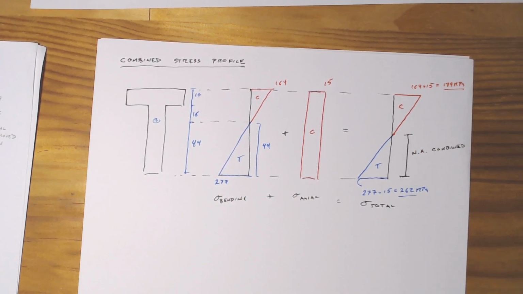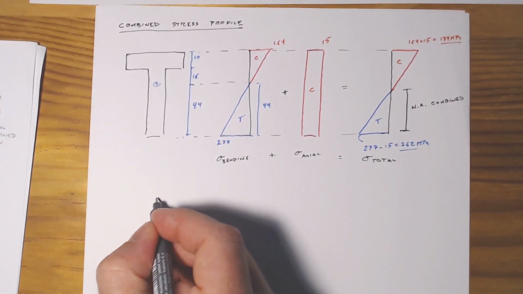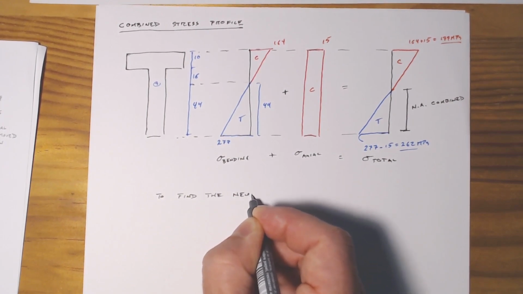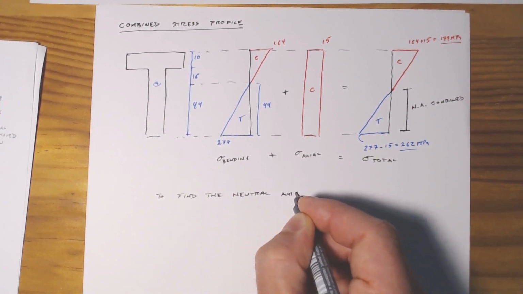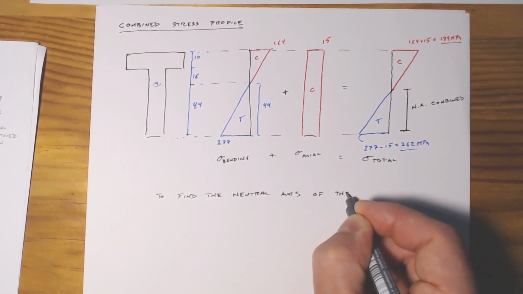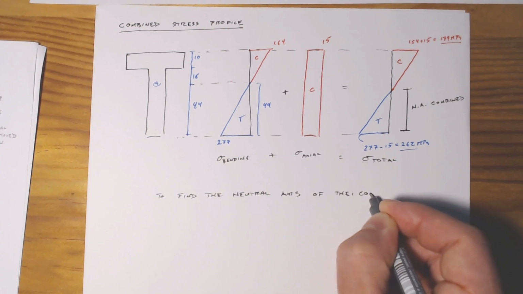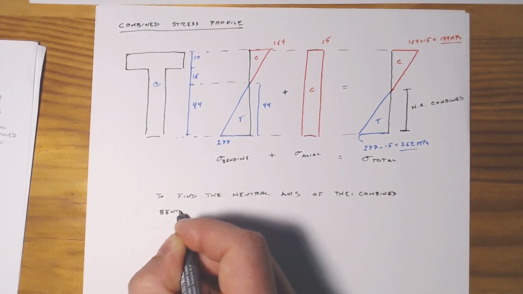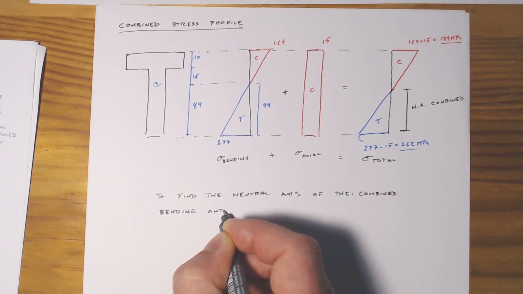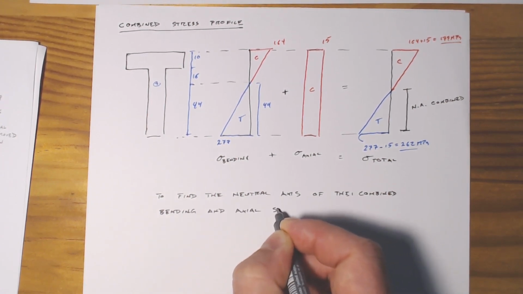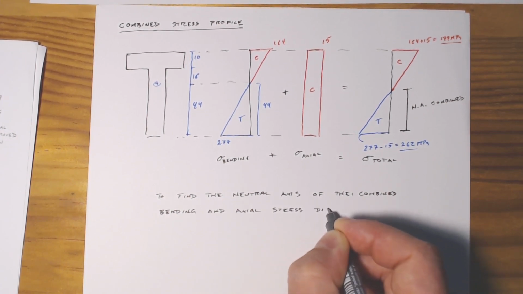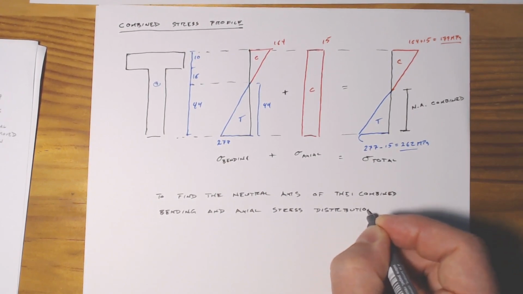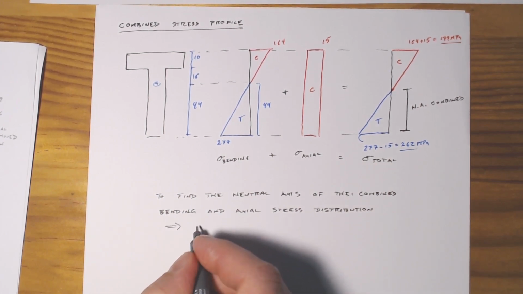So to work that out, all we need to do is use similar triangles. So to find the neutral axis of the combined bending and axial stress distribution, use similar triangles.